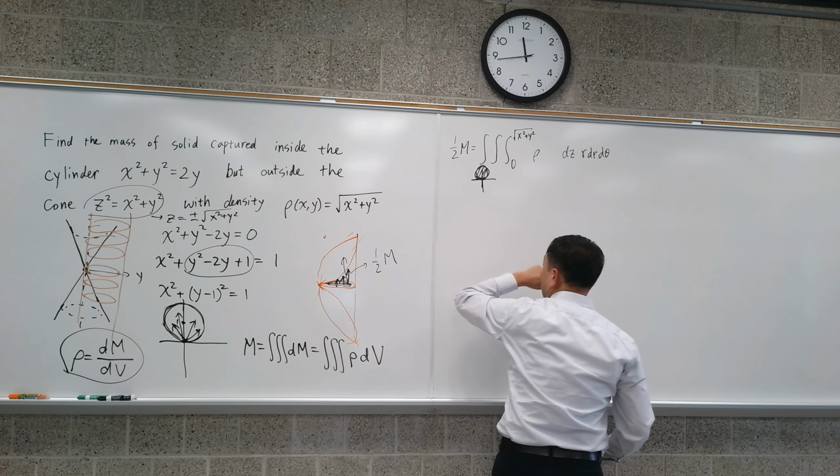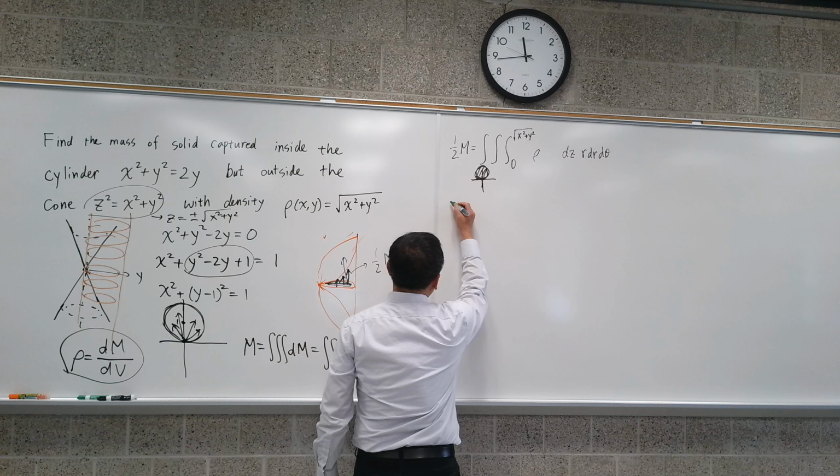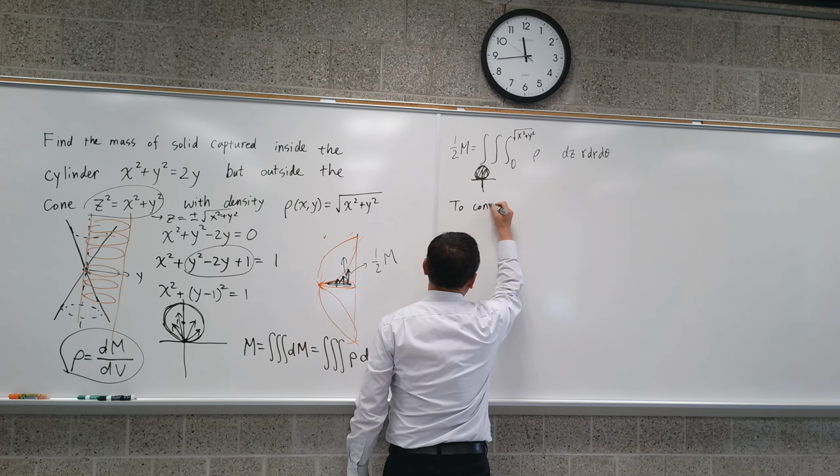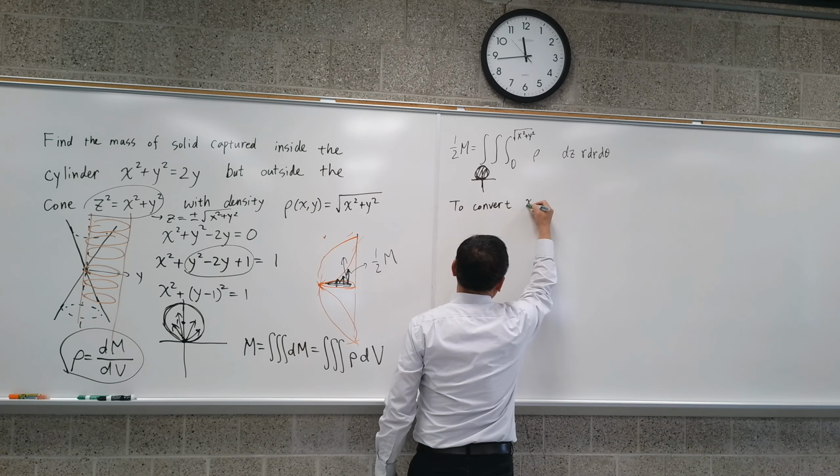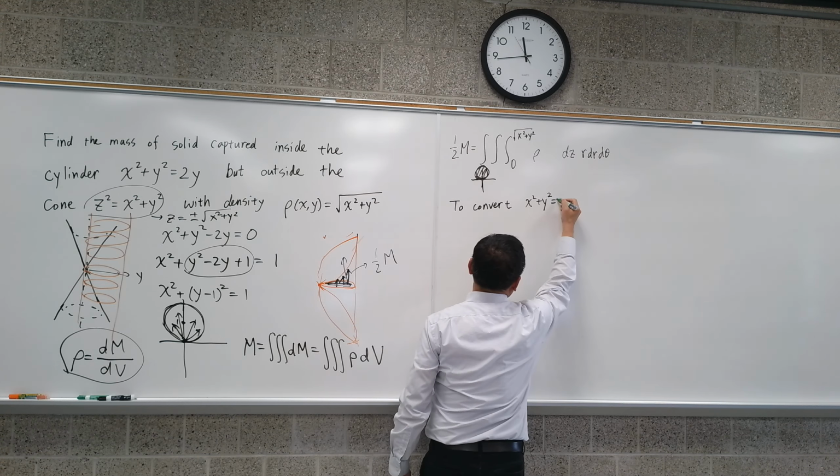And you do it like this too. So to convert x squared plus y squared equals 2y, we use r squared equal to x squared plus y squared, and also that y is equal to r, which one? Sine or cosine? R sine theta. Right?